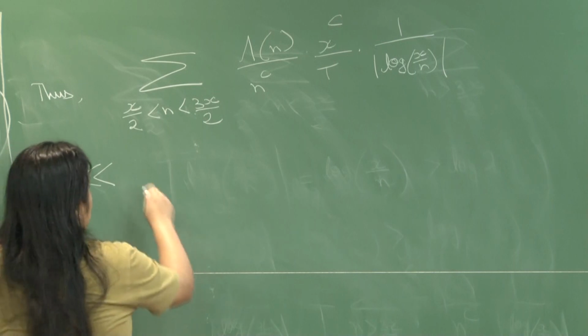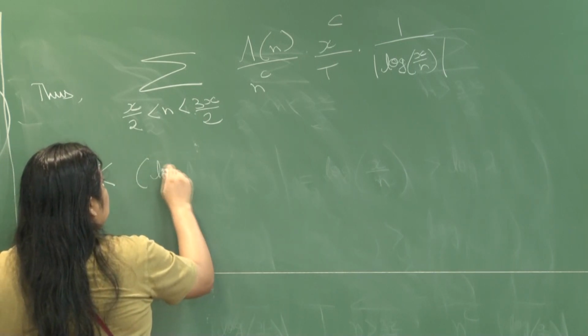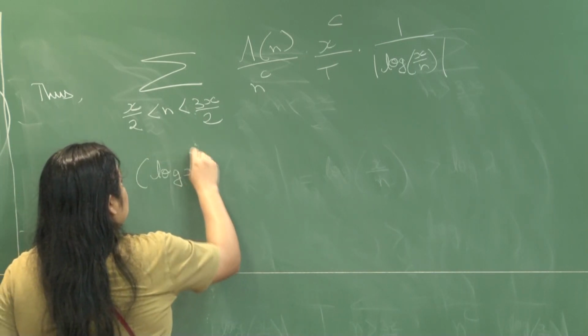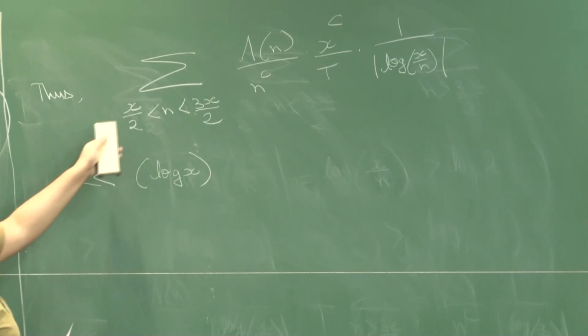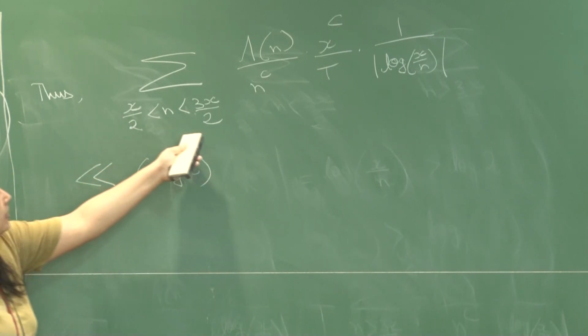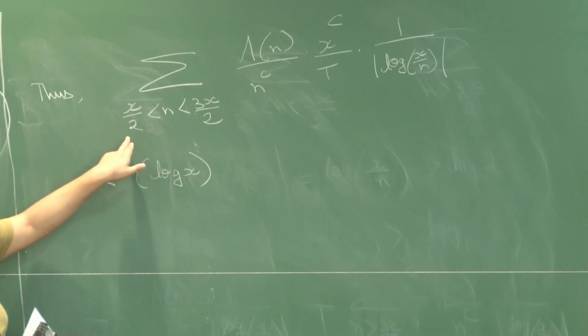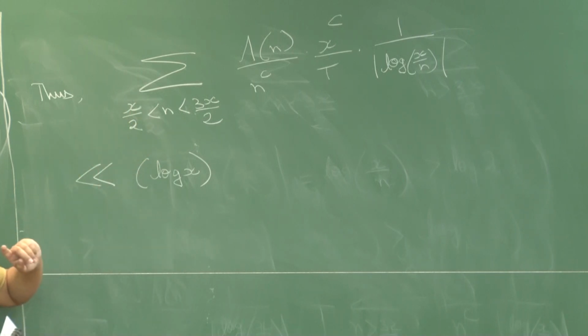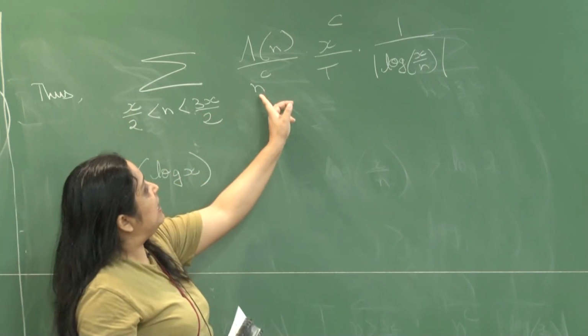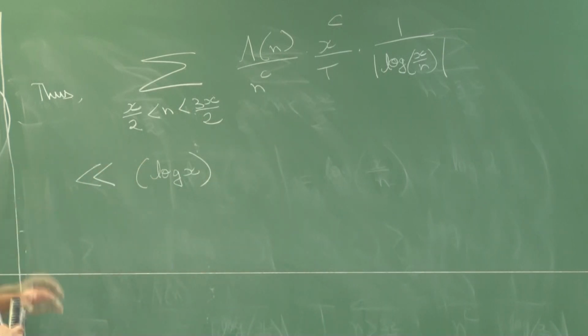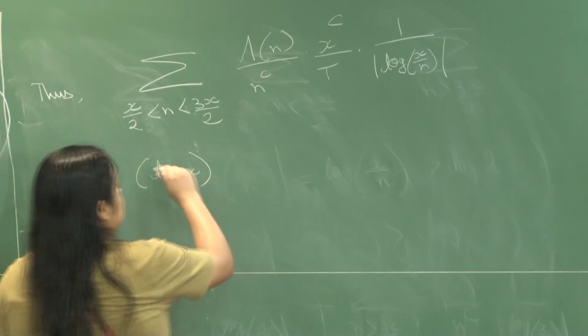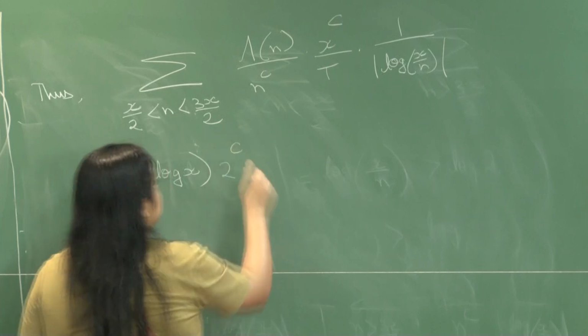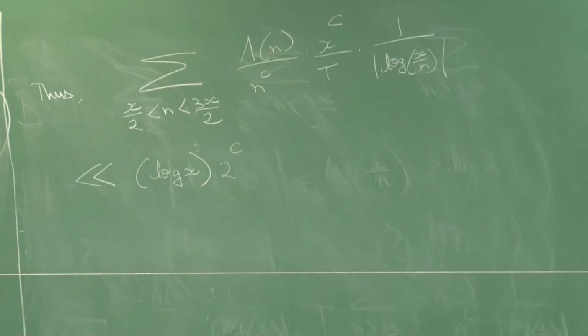So, we can take this log of x out. Then notice that x over n, in the way we have written this inequality, is bounded above by 2. So, you can take x by n raised to the c outside and write it as something that is bounded above by 2 raised to the c.